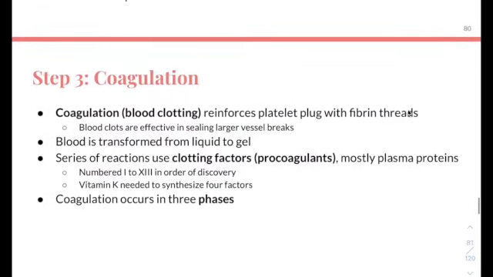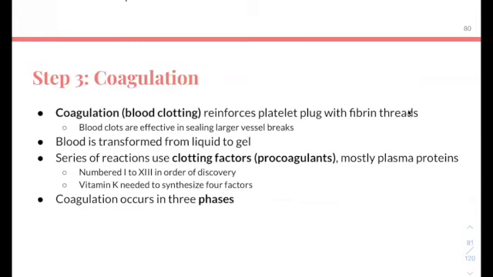Once that platelet plug comes into place, we get blood clotting. That blood that clots to that area reinforces that platelet plug, helps keep it in place. The blood is transformed into like a liquid or a gel to help reinforce.